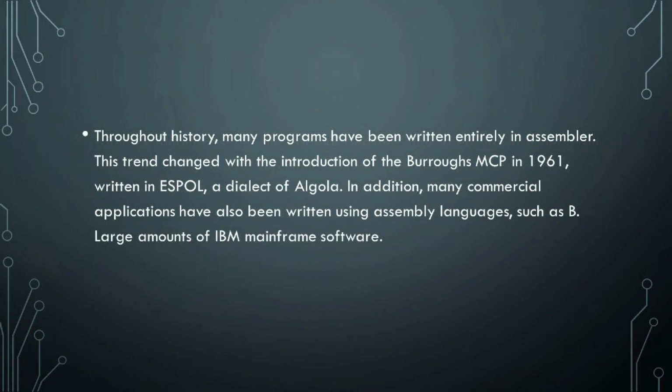Throughout history many programs have been written entirely in assembler, but this trend changed with the introduction of the Burroughs MCP in 1961, written in ESPOL, a dialect of ALGOL. In addition, many commercial applications have also been written using assembly languages, such as a large amount of IBM mainframe software.